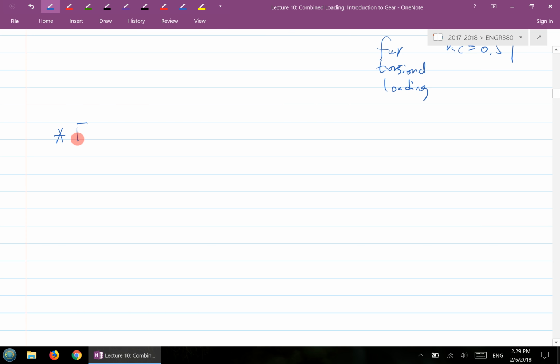One more thing here, and then we'll look at an example. It is the first cycle yielding under this combined loading. So here's the combined loading, and what will be the first cycle yielding formula?